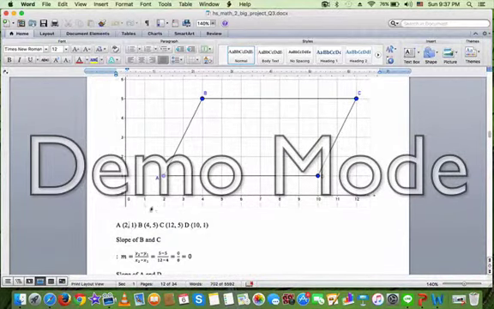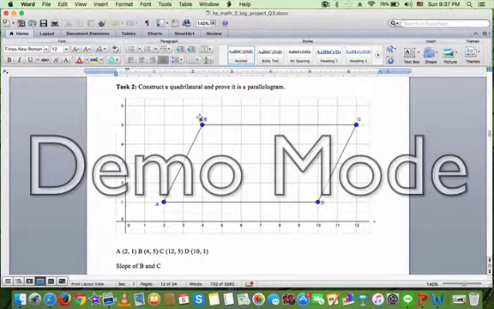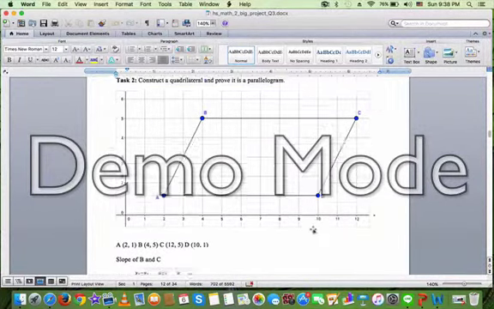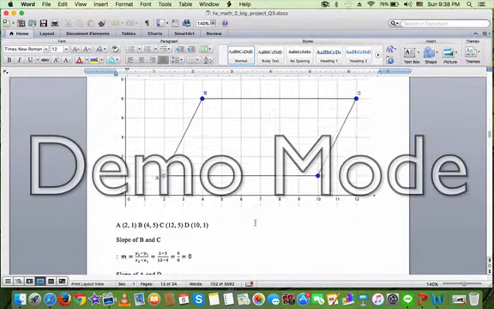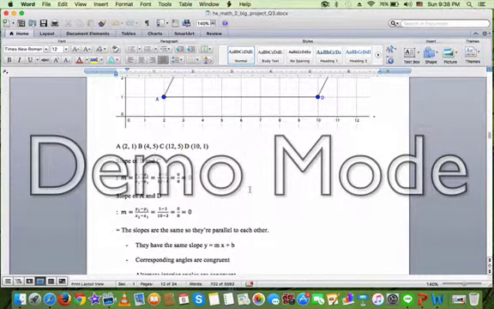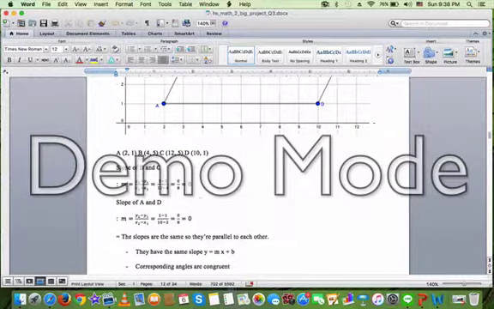The next task is to construct a quadrilateral and prove it is a parallelogram. So this is a quadrilateral. I used GeoGebra to make this and labeled the coordinates of each point.